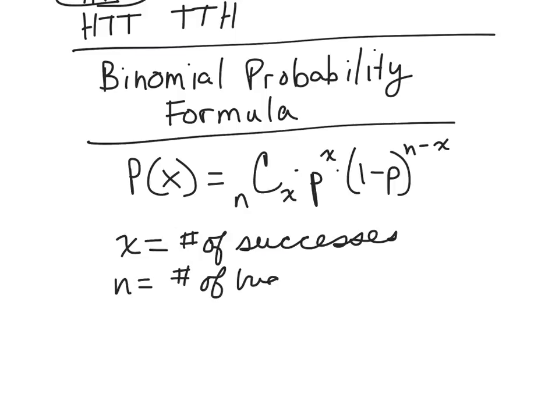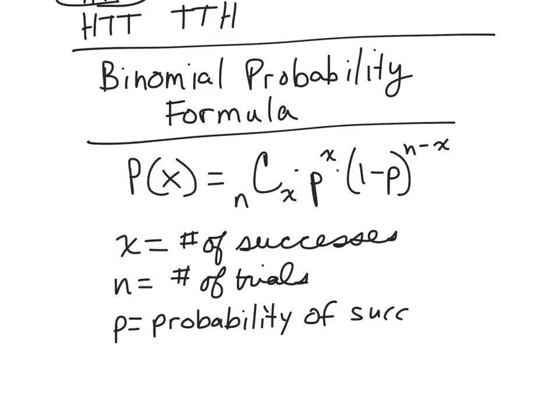What would n have been on the last problem? 3, that's right. And the only other thing I have there is little p. Little p is the probability of success on any trial.